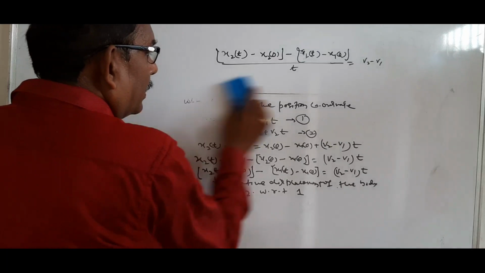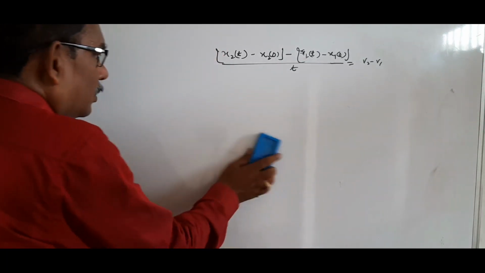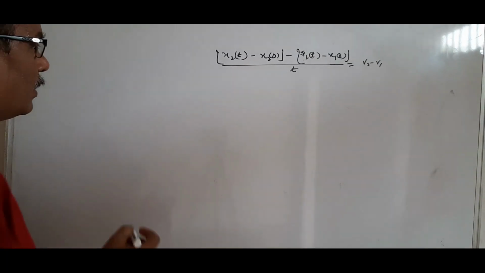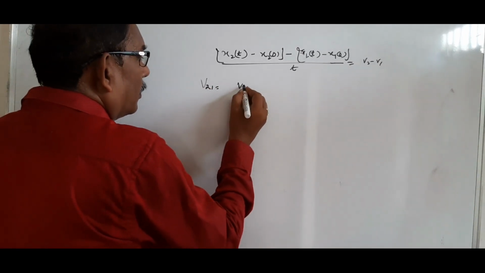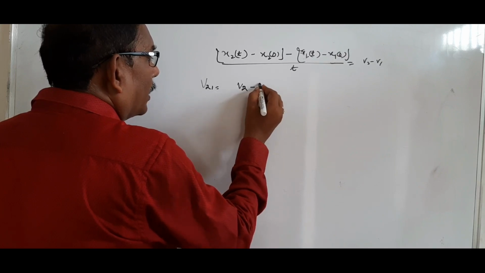So this is the relative velocity of body 2 with respect to 1. So v21 is equal to v2 minus v1.